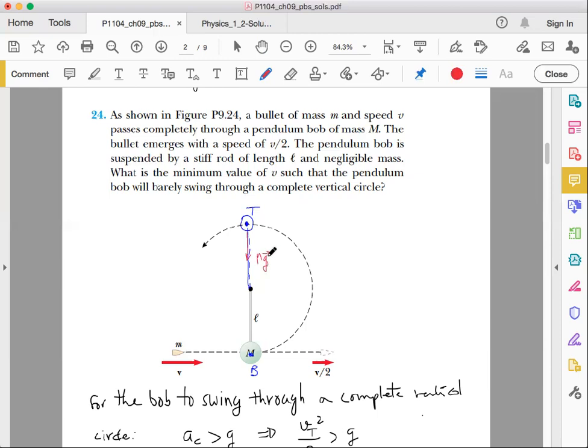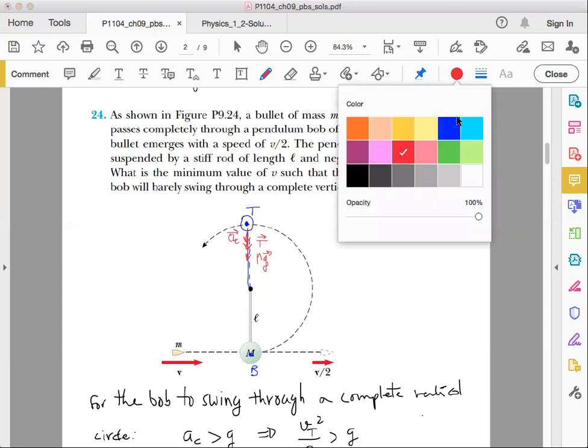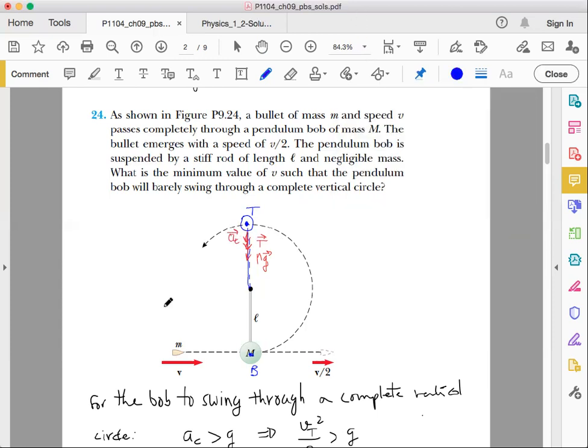Then we have the tension in the cord, T. And don't forget that the centripetal acceleration is there all the time because we are dealing with a circular motion. The centripetal acceleration points all the time towards the center of the circle.